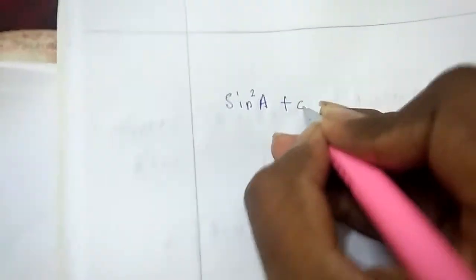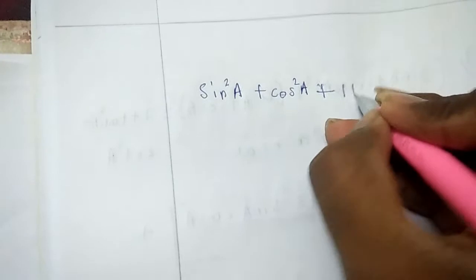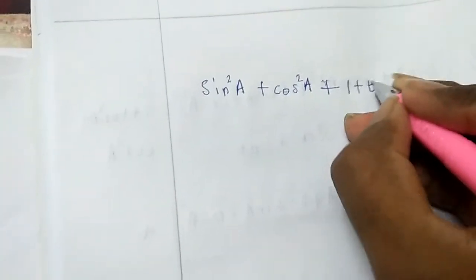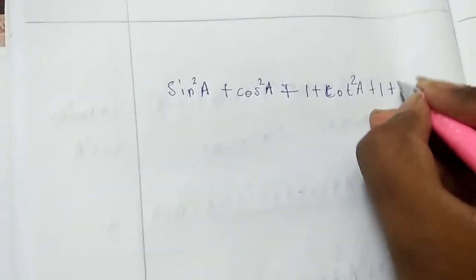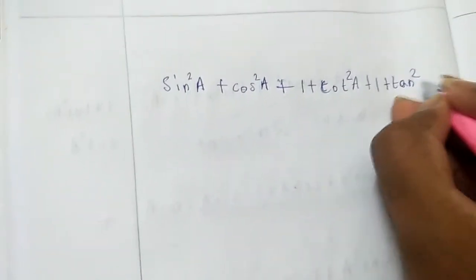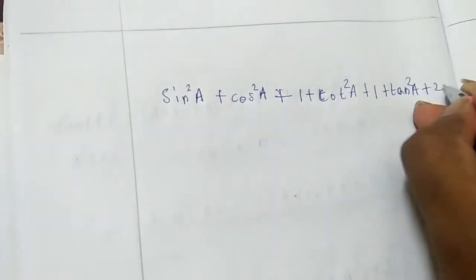Now it will become sin square a plus cos square a plus 1 plus cot square a plus 1 plus tan square a plus 2 plus 2.